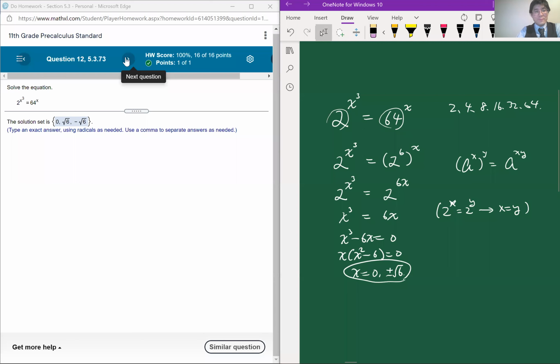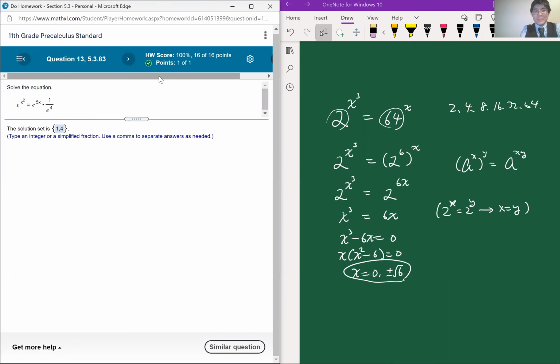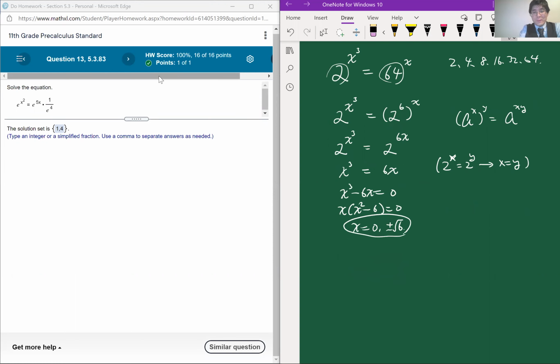Okay. Next one is also an exponential equation with a similar base. The right-hand side is the same thing as e to the power of 5x over e to the 4th, which is the same thing as e to the power of 5x minus 4.